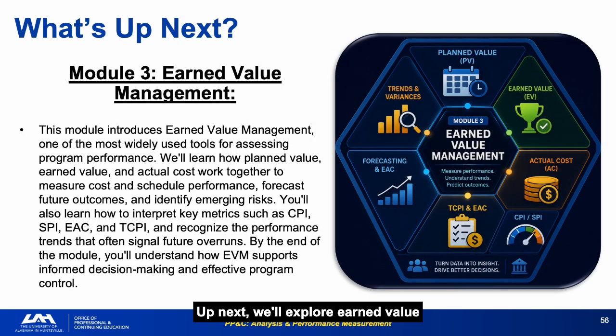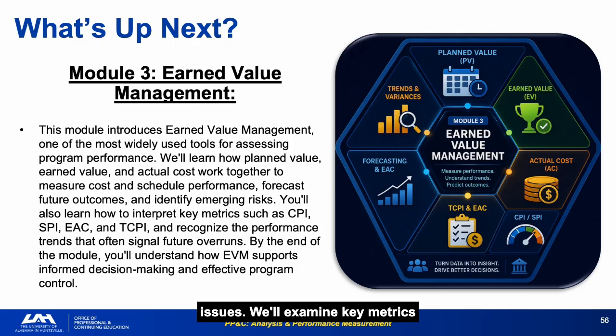Up next, we'll explore earned value management, one of the most widely used tools for measuring and assessing program performance. In this module, you'll learn how planned value, earned value, and actual cost work together to provide insight into cost and schedule performance, forecast future outcomes, and identify emerging risks before they become major issues.